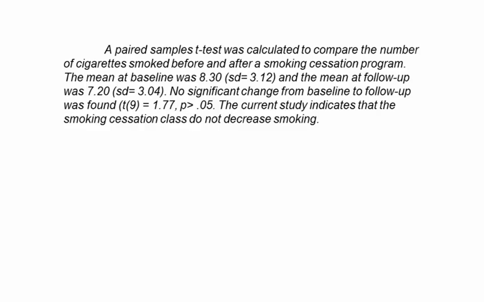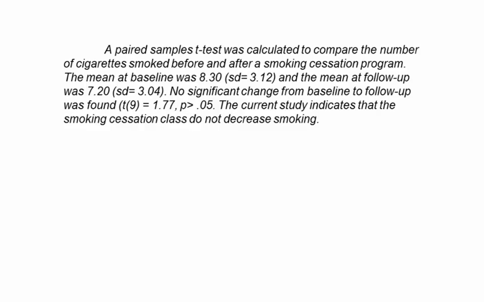No significant change from baseline to follow-up was found, with a t calculated of 9 degrees of freedom equal to 1.77. The probability that the effect is due to random variation is less than 0.05. The current study indicates that the smoking cessation class does not decrease smoking.